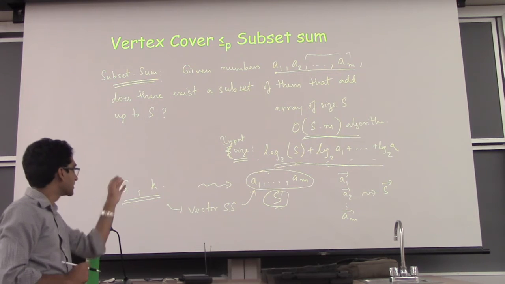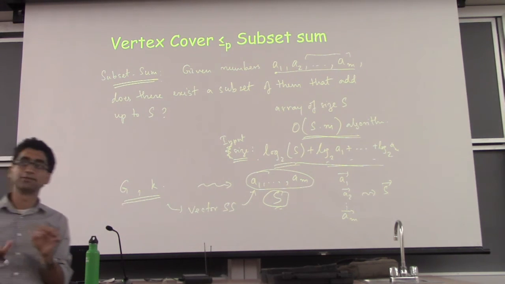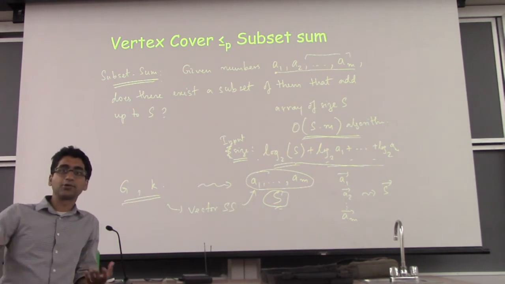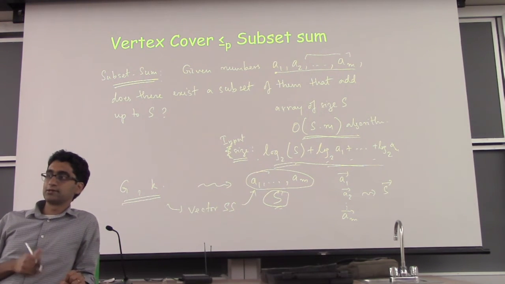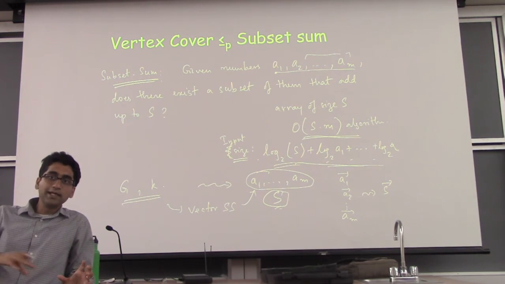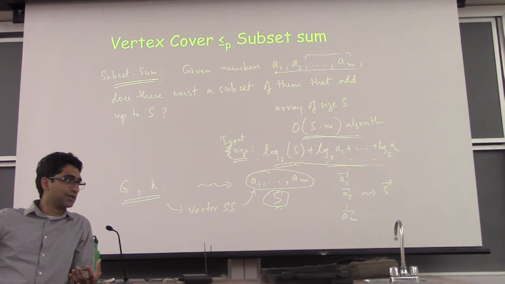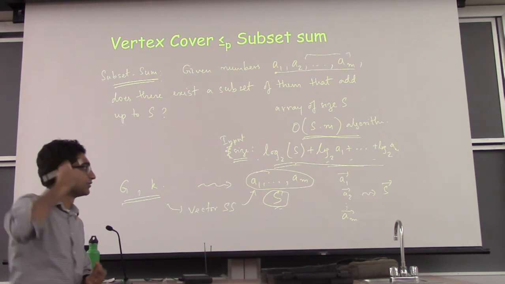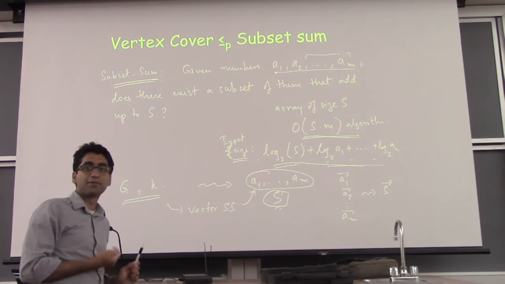This is something you should keep in mind when doing reductions. Sometimes it's just hard to come up with the final thing, so it's easier to slowly transform the problem into the kind of thing you want. So let's first see this vector subset sum.